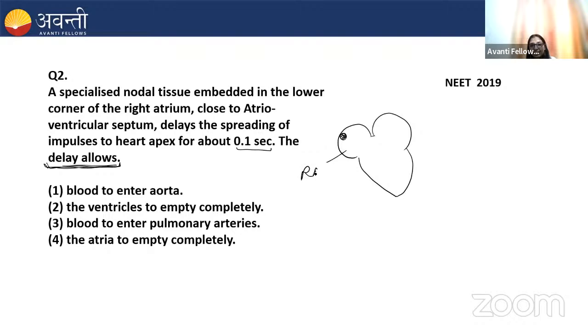Yeah, this is the right atrium. This is the SA node, which is present in the top right portion of the right atrium.